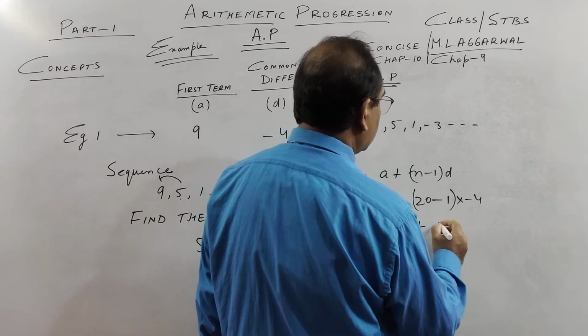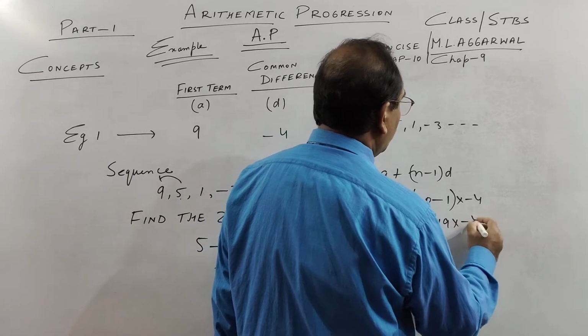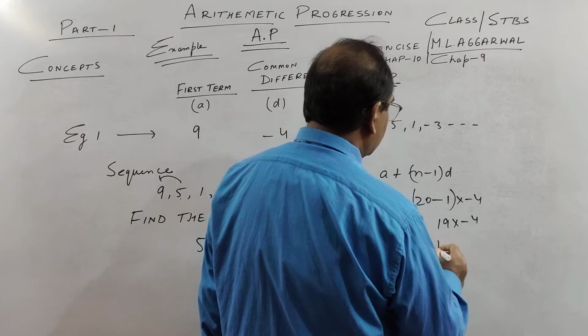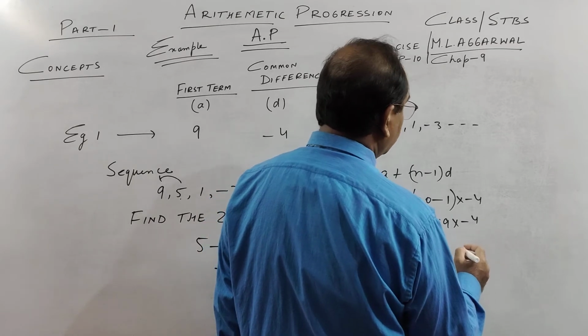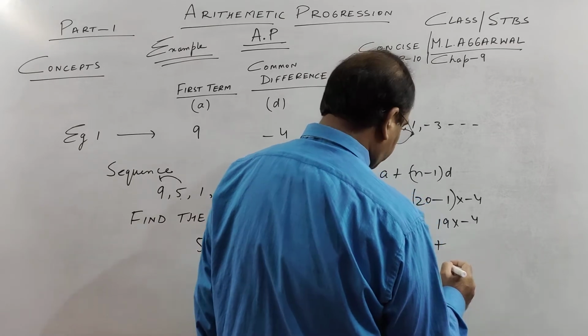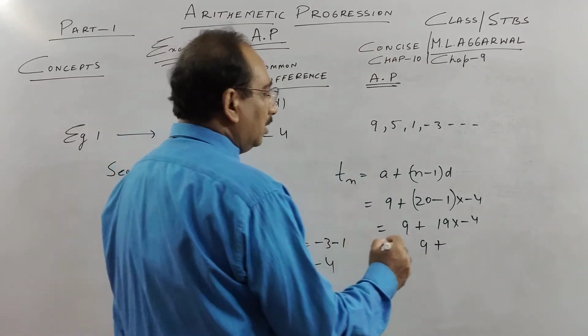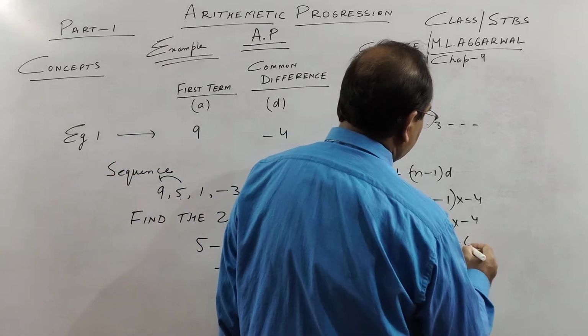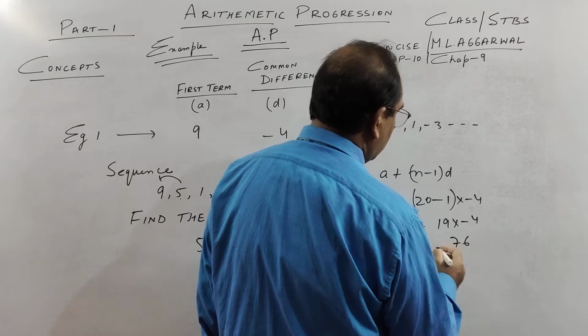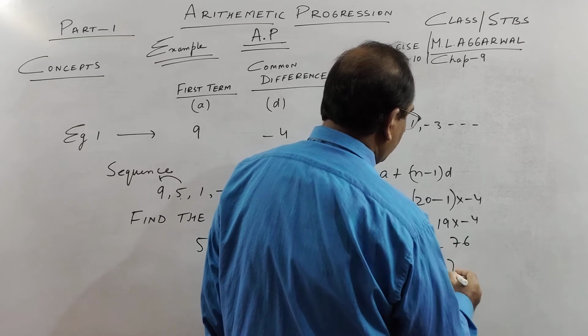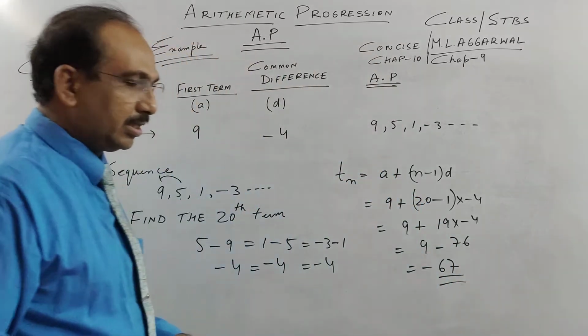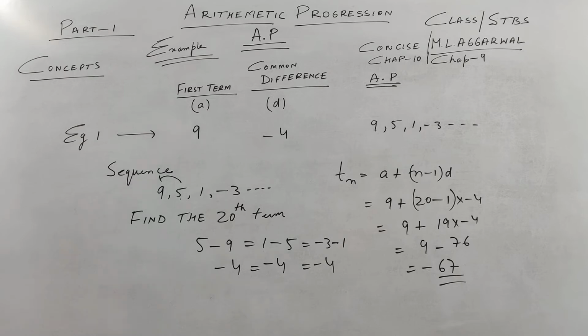So 9 plus 19 into minus 4. So 19 4s are, we get 38, 76. So this will be minus 76, and if you subtract, you will get minus 67. Okay, so pause the video and copy, then I'll give you another example.